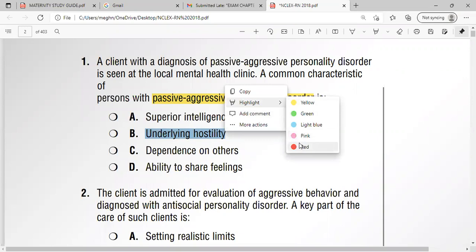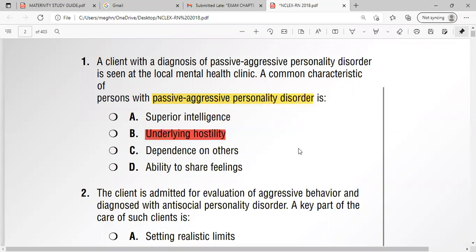So why is B the answer? The reason being, the client with passive aggressive personality disorder often has underlying hostilities, and that is exhibited as acting out behavior. And A, C, and D are not correct.